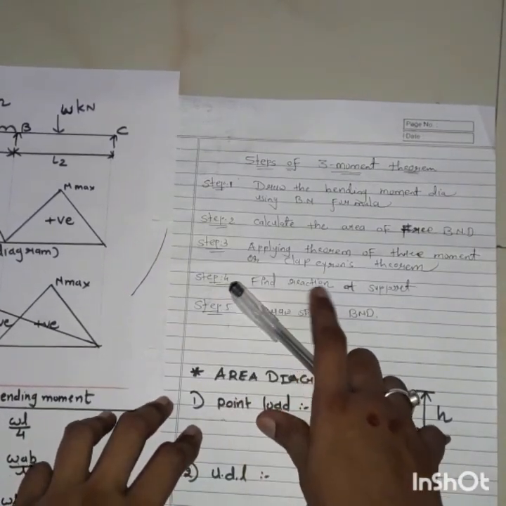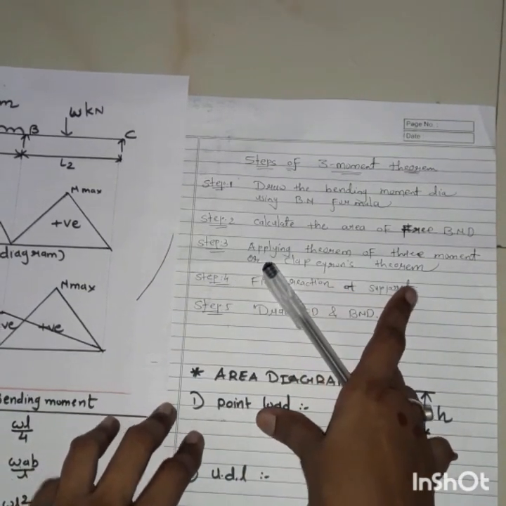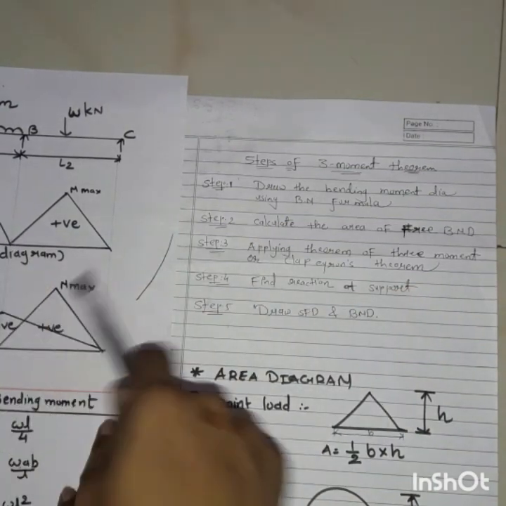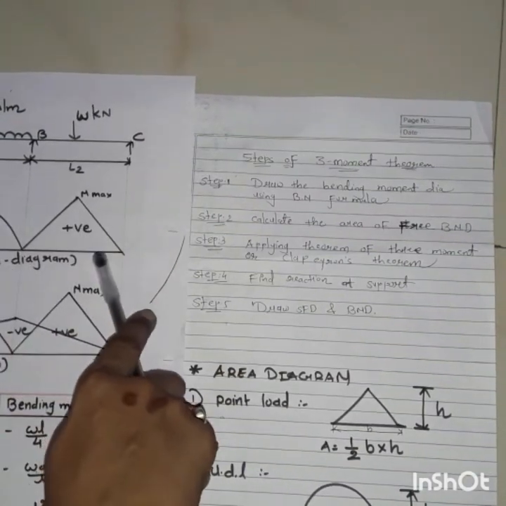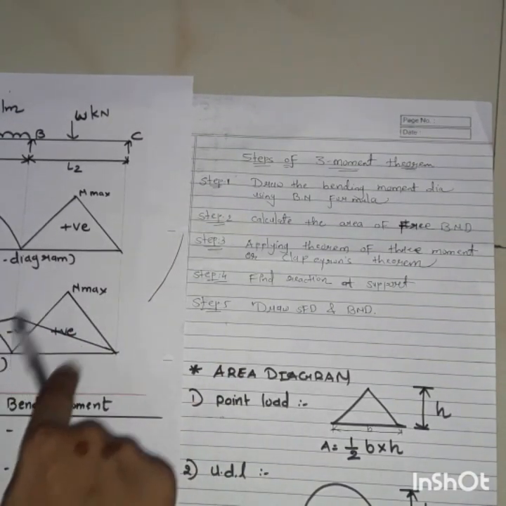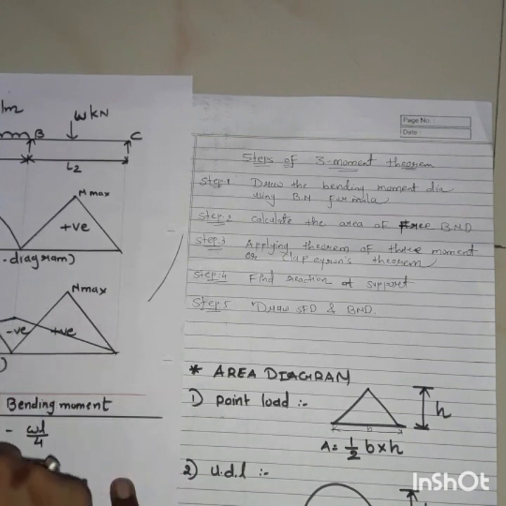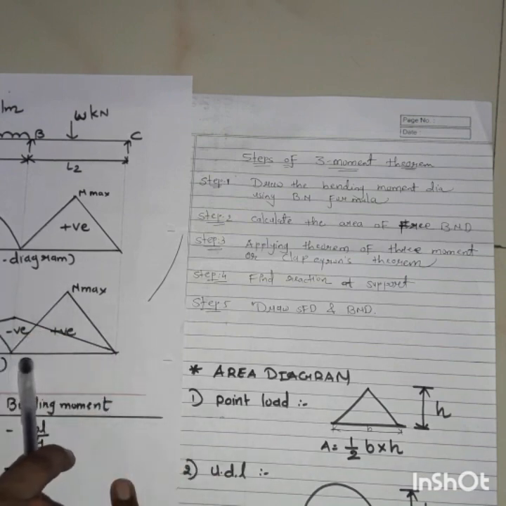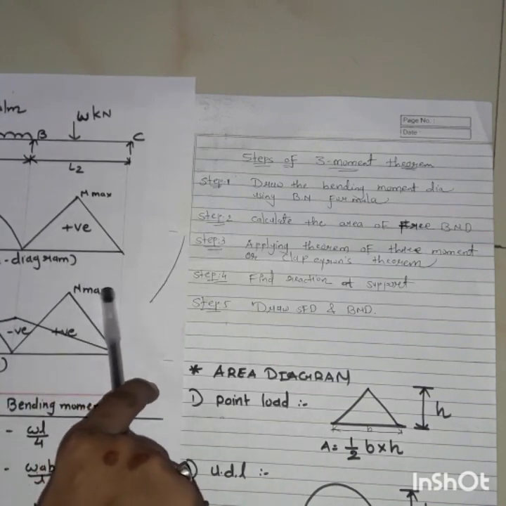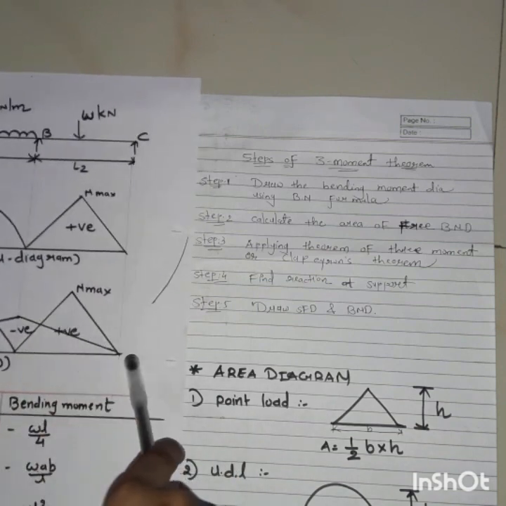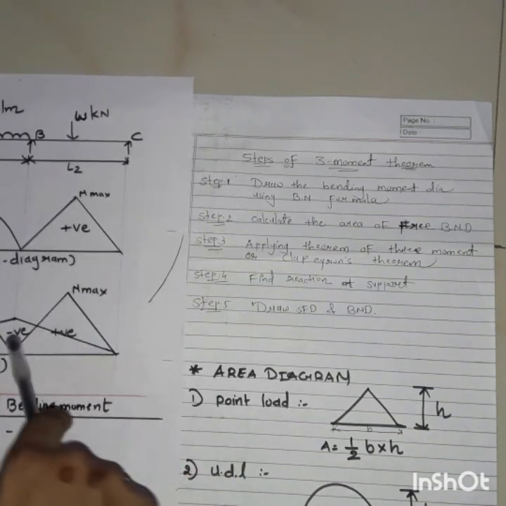Next step is to find the reaction at support. From the bending moment, area and Clapeyron theorem, draw the mu diagram, and next draw the bending moment diagram, which represents the mu diagram plus bending moment. The value of the bending moment is represented here at the maximum point, and the value of the Clapeyron theorem moment is represented here, which is negative.